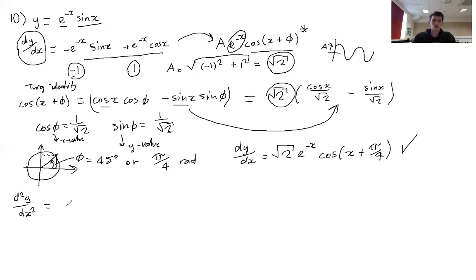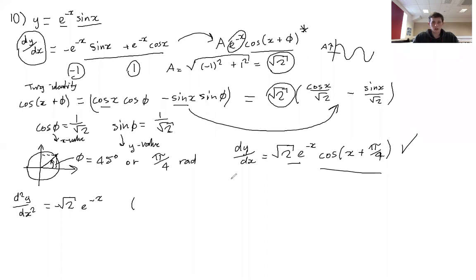Again, we've got a product of 2 x terms, so we need to use the product rule again. And if you do that, you should get that the second derivative evaluates to square root 2 times e to the negative x times, hang on, negative, not cosine.